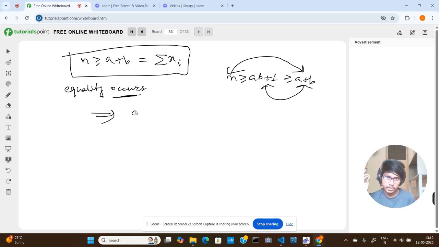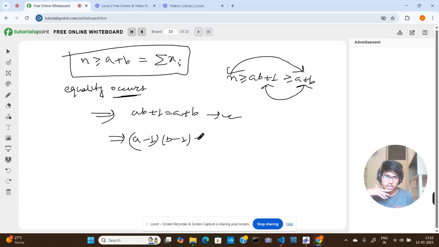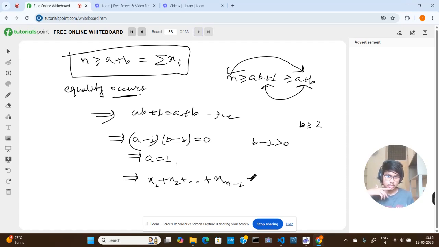We must have ab plus 1 equal to a plus b. This will imply a minus 1 times b minus 1 is equal to 0. But we know b minus 1 is greater than 0 because b was greater than or equal to 2. This implies a is equal to 1. This implies x1 plus x2 and so on up to xn minus 1 is equal to 1.